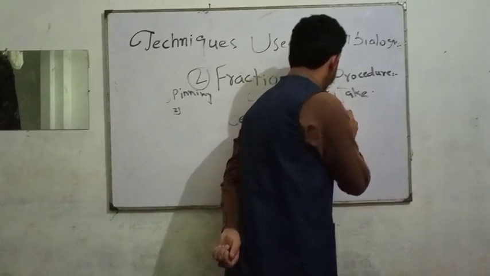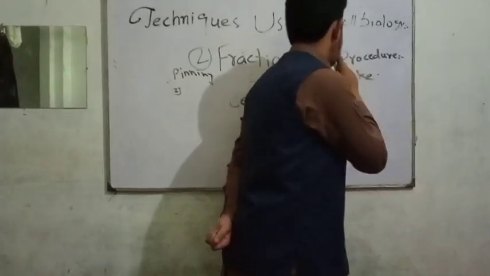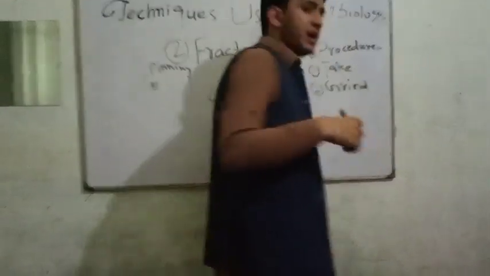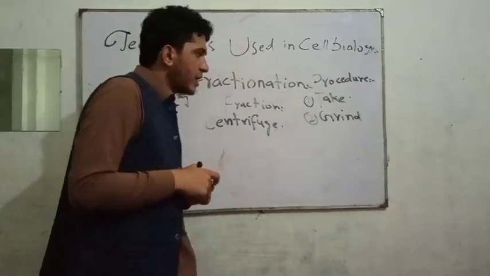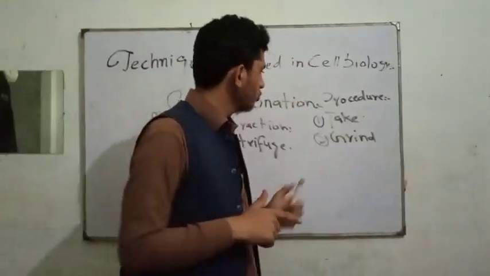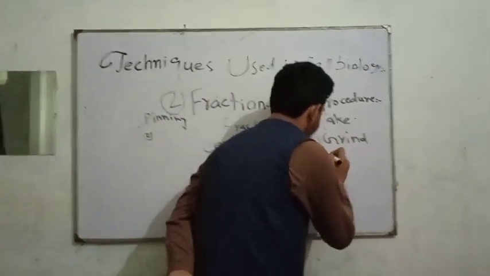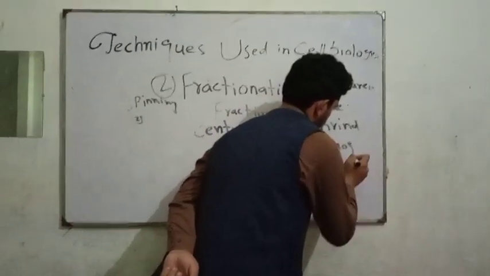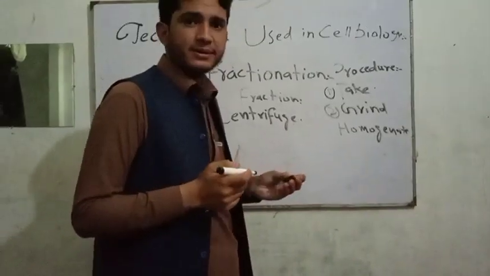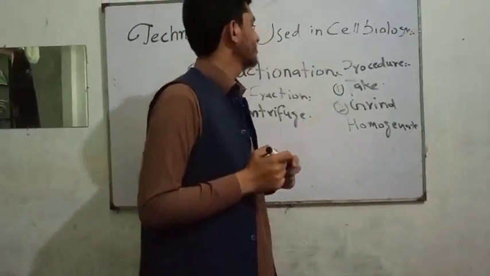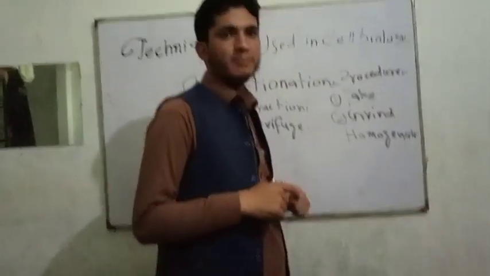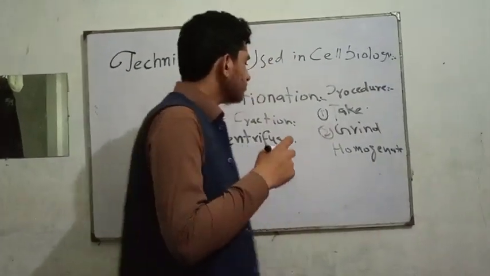Second, grind the tissue. After grinding the tissue, we will get homogenate. Homogenate is the substance made from the grinding of tissue, having uniform composition throughout.